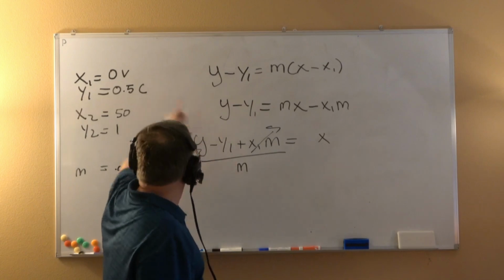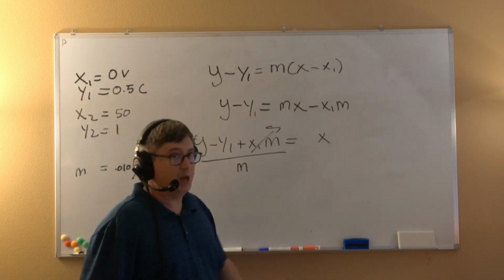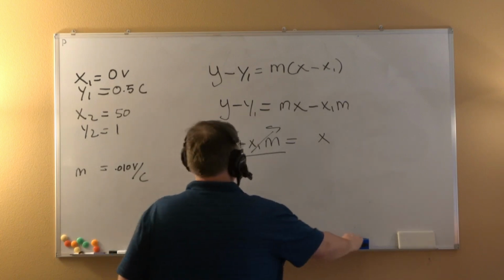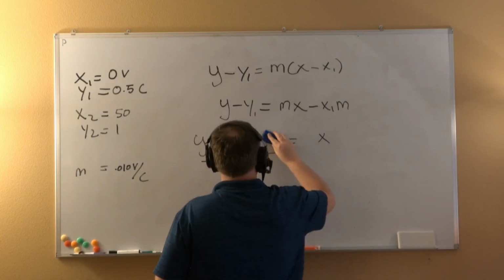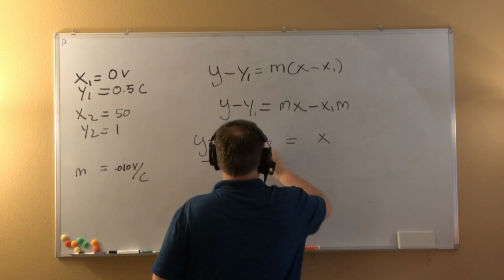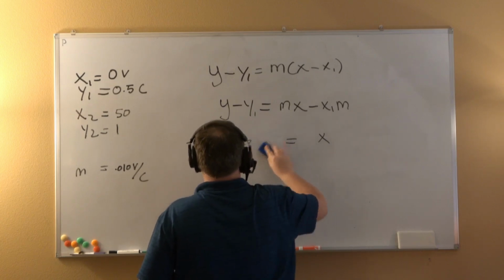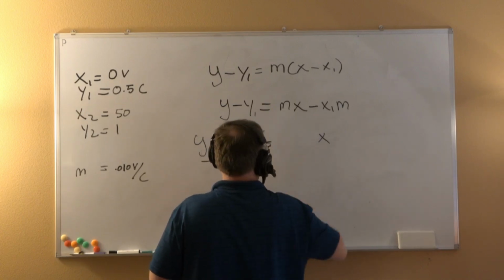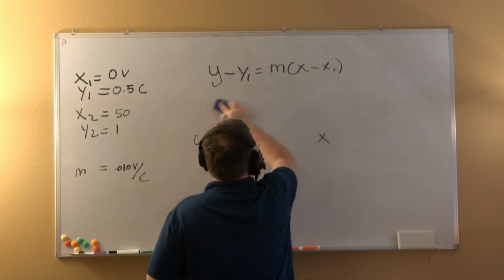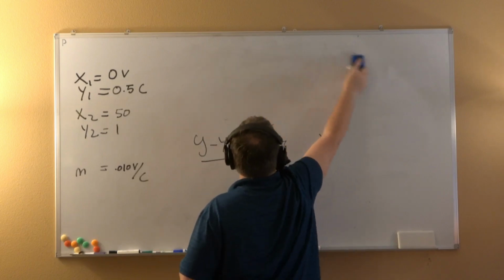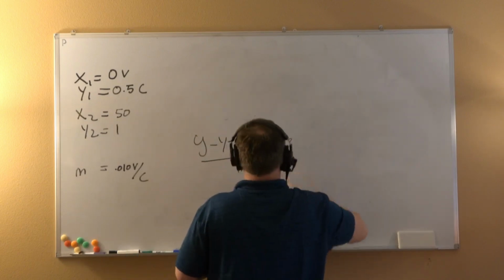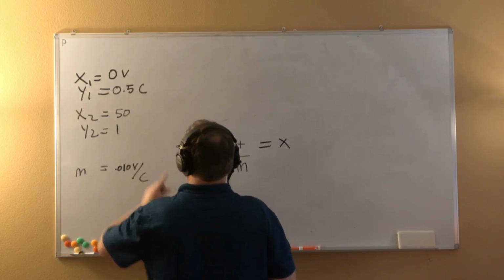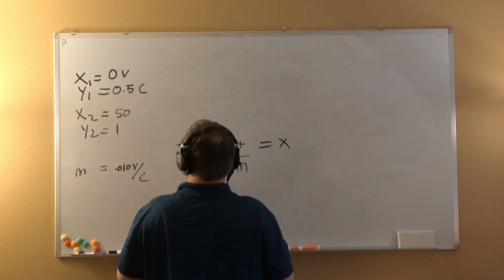Everybody see that? X1 is 0, and 0 times anything, times the whole universe, is 0. Okay, so let's go ahead and take that out. So now we're just down to this equation right here. Let's go ahead and erase this stuff right here, and we're just down to X.